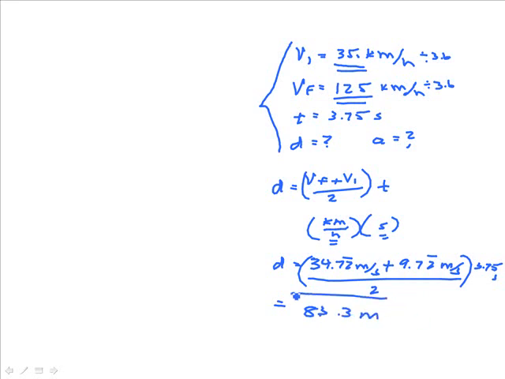All right, so it took 83.3 meters for that motorcycle to move from 35 kilometers per hour to 125. Now, what was the acceleration?